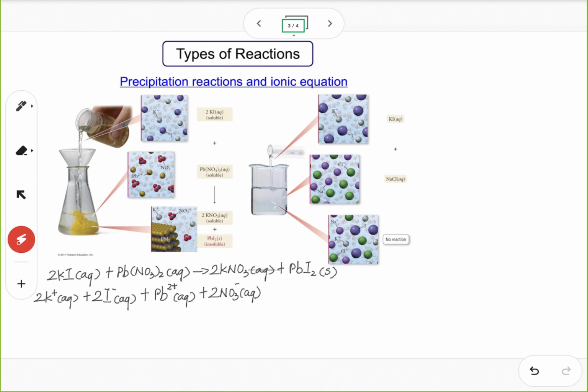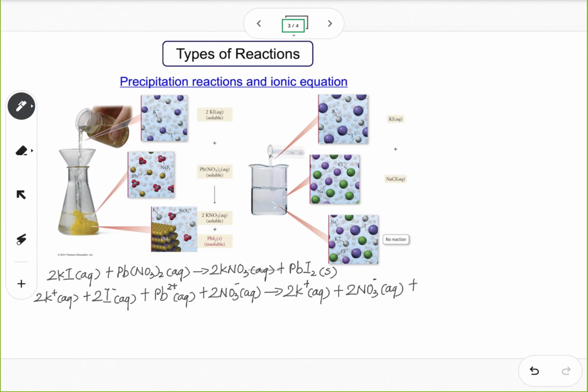Now the 2 products. This is soluble. Therefore, it will give you 2 potassium cations, aq, and 2 nitrate, still aq.